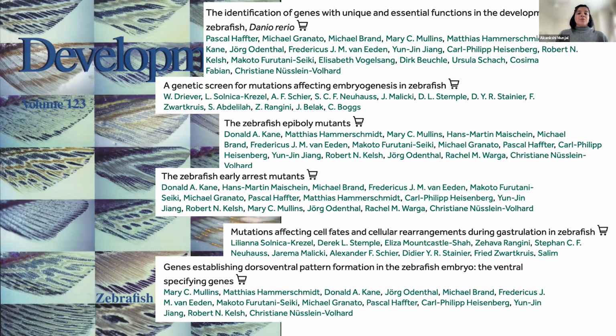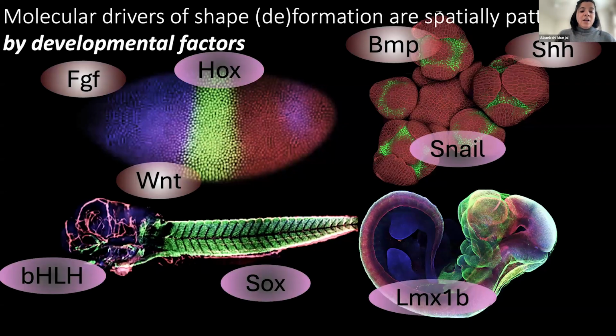And this was, of course, concomitant with being able to look at the expression patterns of these genes. And of course, we saw these beautiful patterns that could explain how the molecular effectors are being deployed into space.